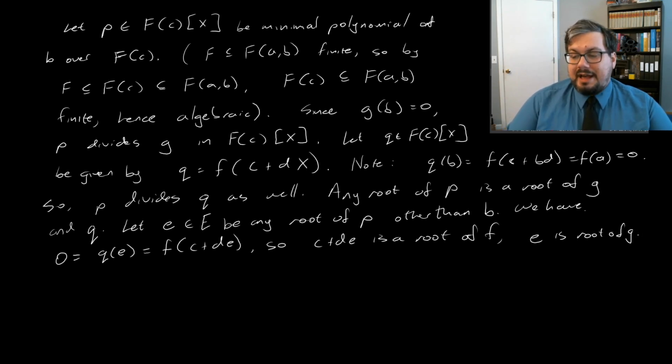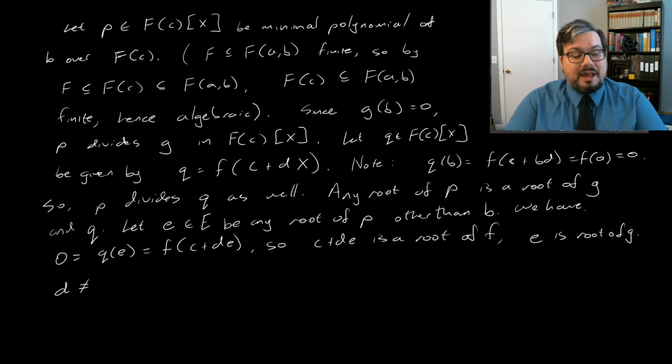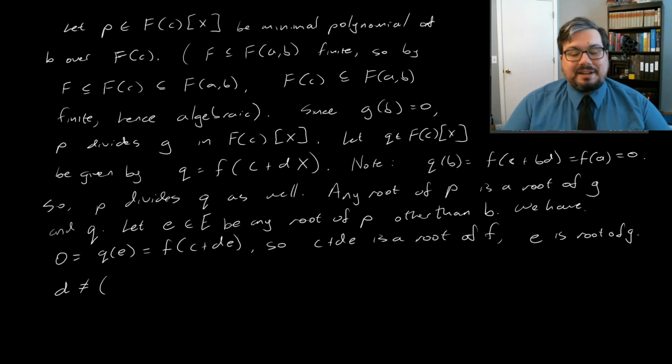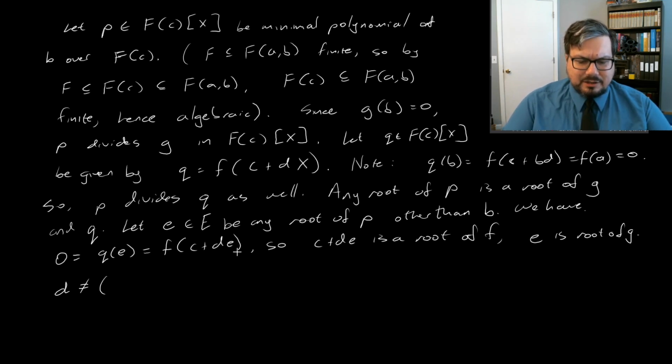Now remember that we selected our d in such a way that it would not be equal to alpha minus a times beta minus b inverse, where alpha and beta are any roots of f and g respectively. So in particular, this means that d is not equal to c plus de, this root of f, minus a, times e, this root of g, minus b, inverse.